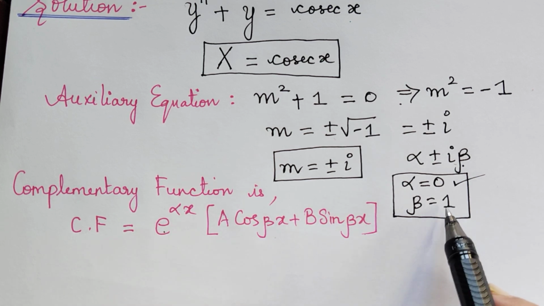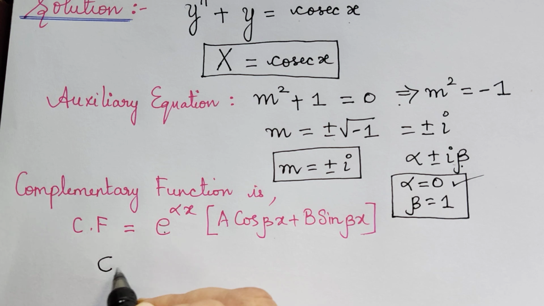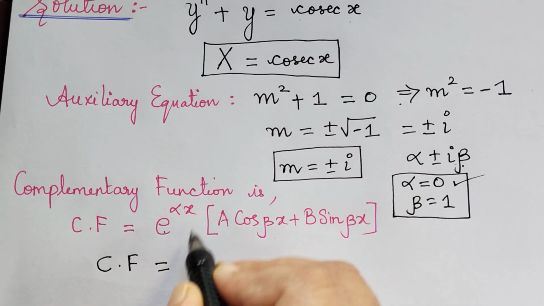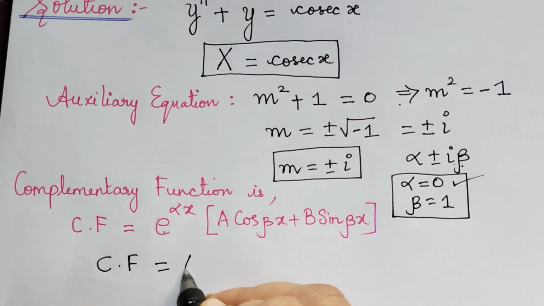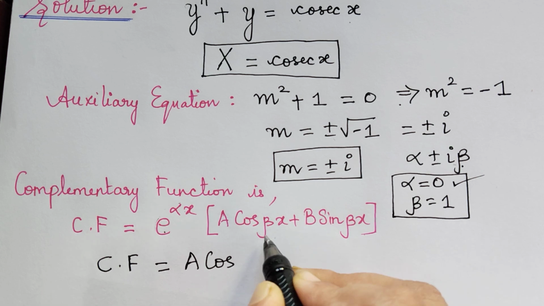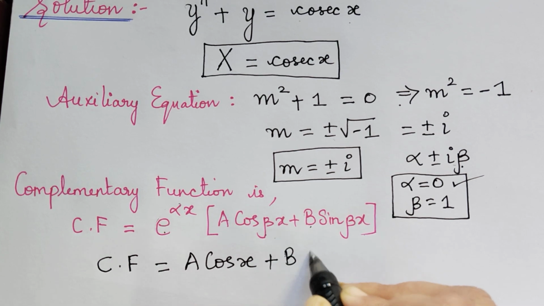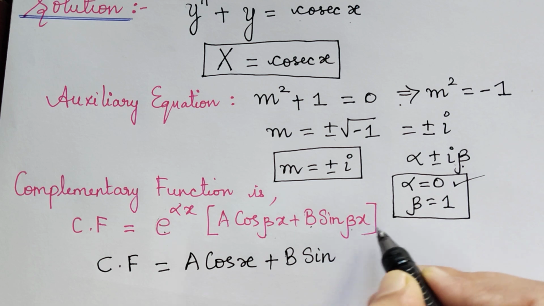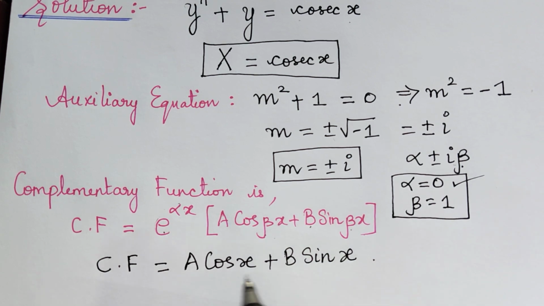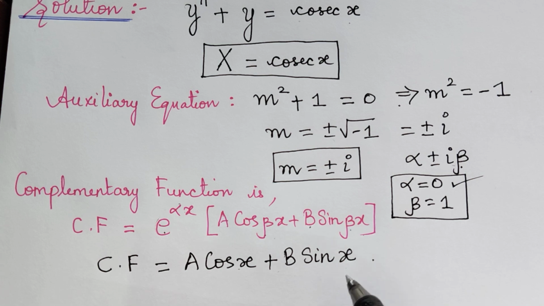And since beta is equal to 1, we get the complementary function to be a cos x plus b sin x. So this is the complementary function.